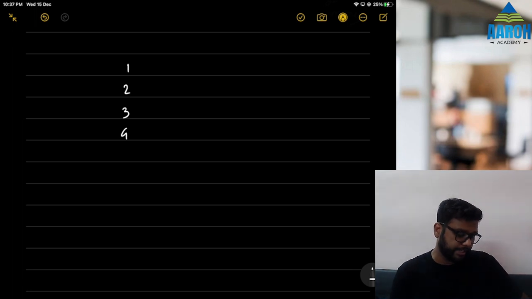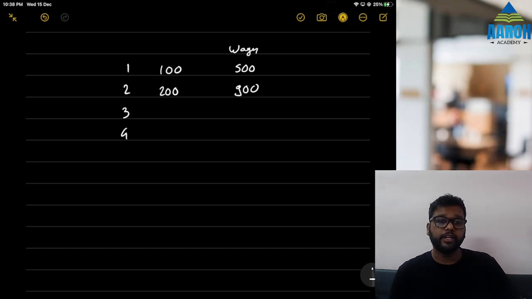So if we have something like in year 1, let's say index number was 100, when wages were 500. In year 2, index number became 200, wages became 900. And if real wages are asked, what do we do? Anyone?